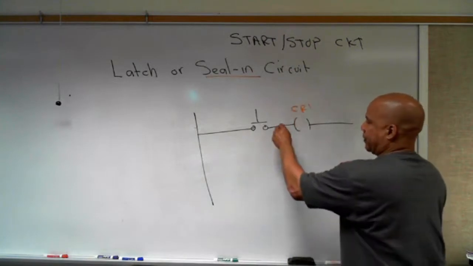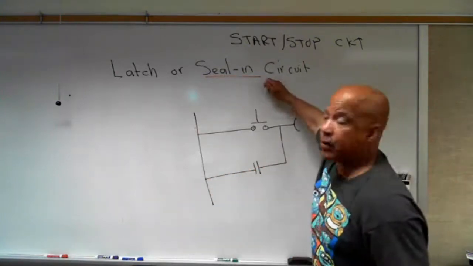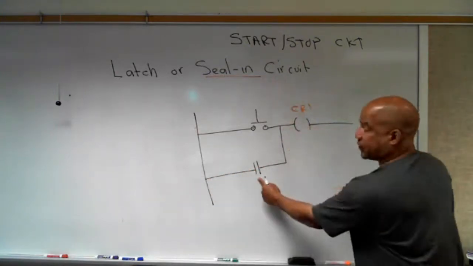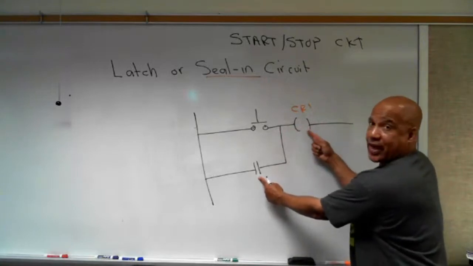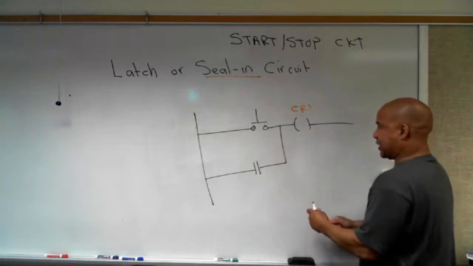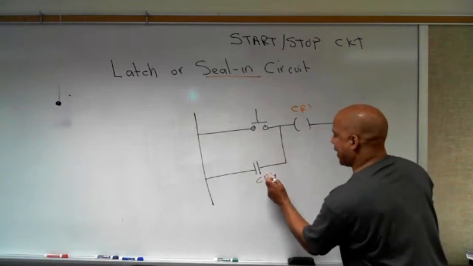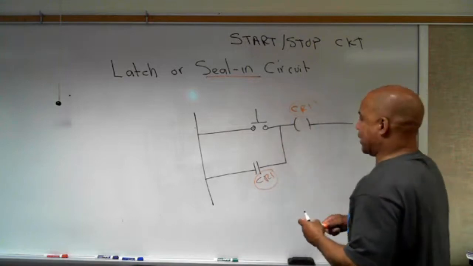You OR this with the contact, and the key to this circuit is you have to give this contact the same address as that. That's what latches. That makes it a latch. This address and that address have to match. But then there's no way to turn it off.